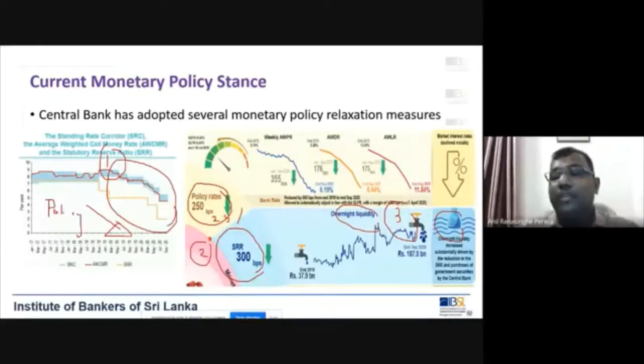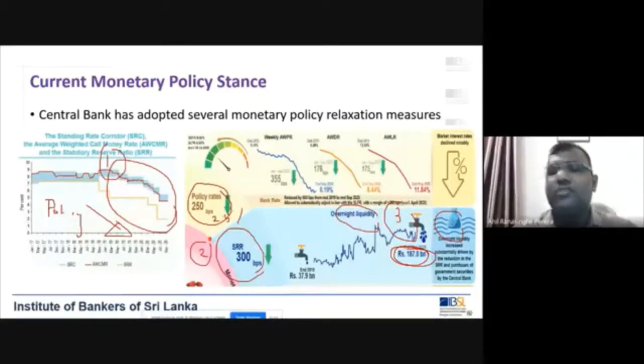Now, if you look at this chart, around 200 billion has been put up to the economy by the central bank. So that's a massive amount of money.